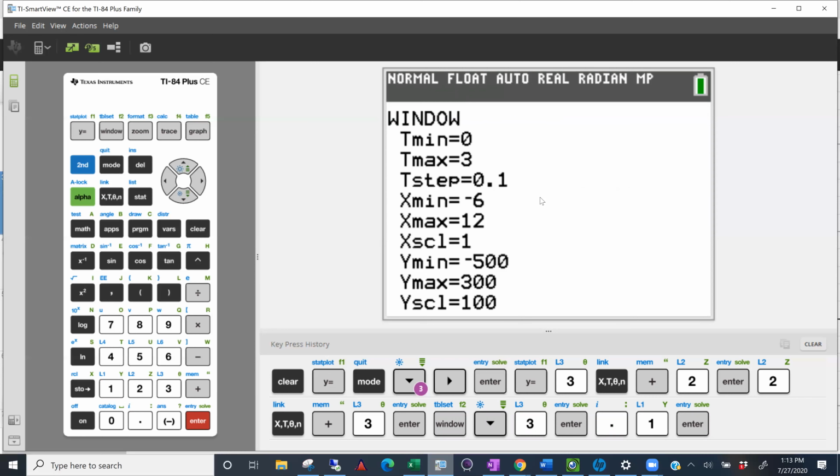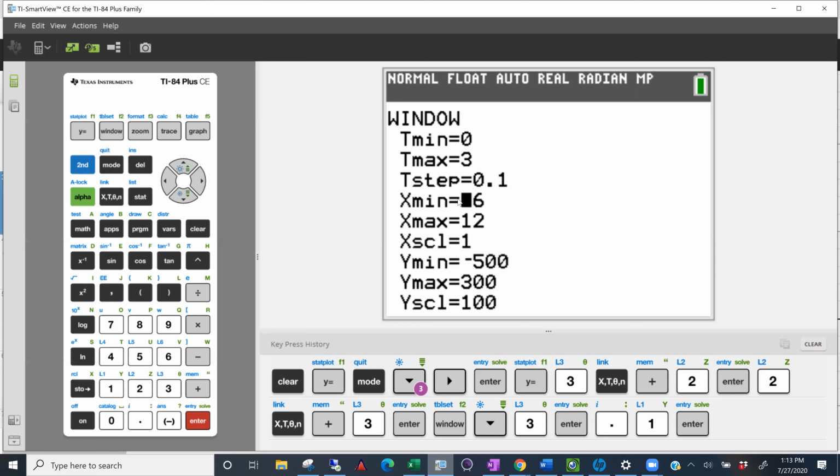So what happens is it'll start at T equals 0. It'll figure out the value of X and Y, and it'll plot that point. And then it jumps up to T equals 0.1, figures out X and Y again, and plots that point. And it keeps on going all the way up to 3. Now, I don't remember the graph perfectly, but I don't think we have to have our Y values set between -500 and 300.